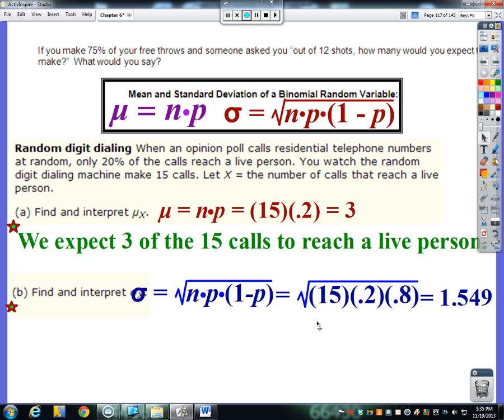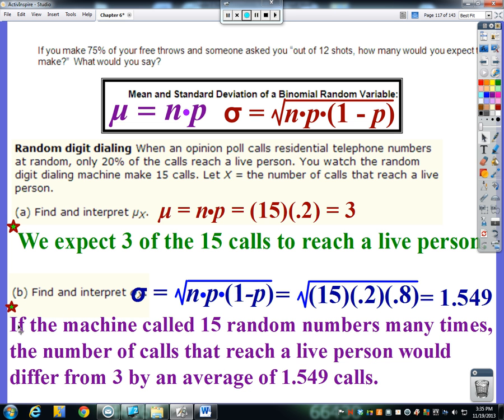Now the interpretation part, again, isn't as straightforward as you might think. So we would say, if the machine called 15 random numbers many times, so calls 15, calls 15, calls 15, etc., the number of calls that reach a live person would differ from 3, 3 being the mean, by an average of 1.549 calls.